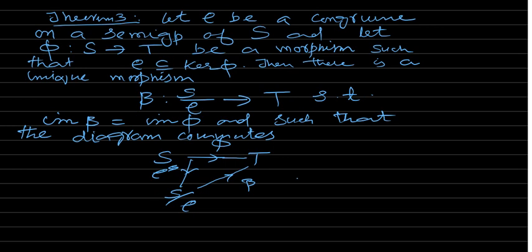Okay, we need to define this beta. This beta should be unique, and this beta should commute our diagram. Proof.